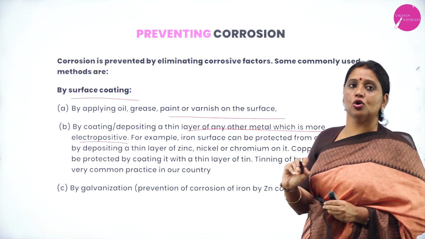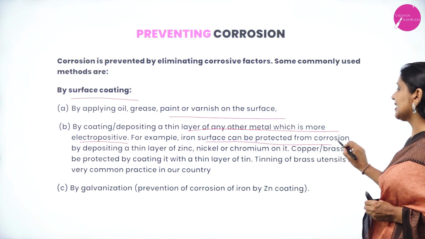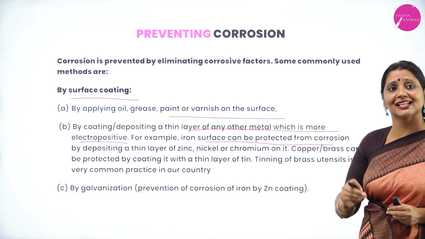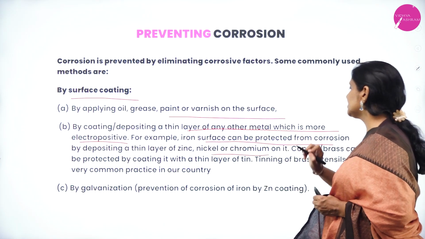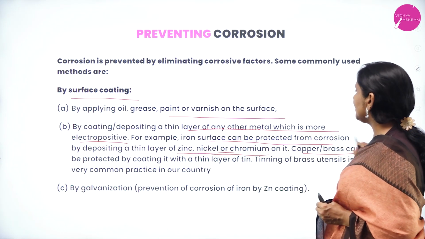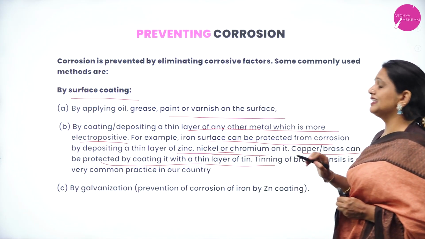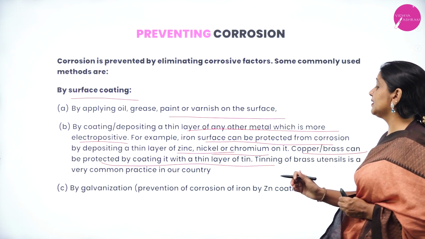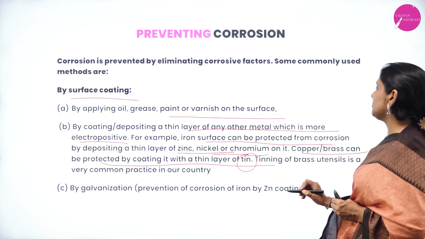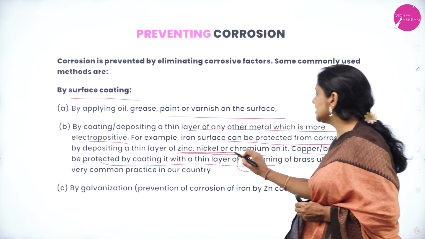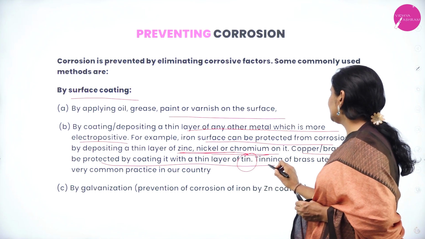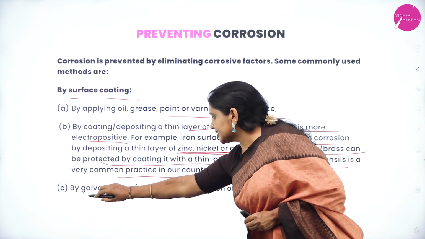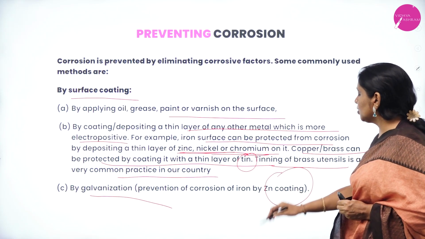For example, iron's surface can be protected by depositing more electropositive metals like zinc, nickel, chromium. Copper or brass can be protected by coating with a layer of tin. Tinning of brass utensils is a very common practice in our country. Galvanization means giving a coating of zinc.